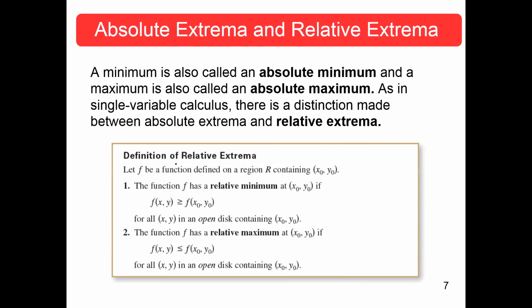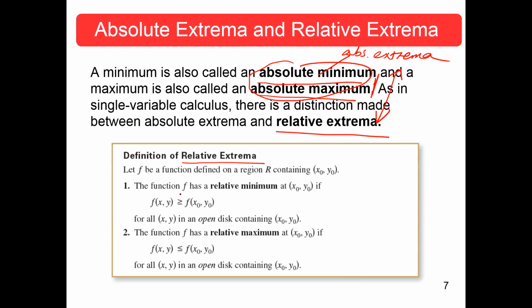This one tries to define what relative extrema are. We just talked about absolute min and absolute max, which are absolute extrema. Next, we want to talk about relative extrema, an idea that's opposite to absolute extrema.